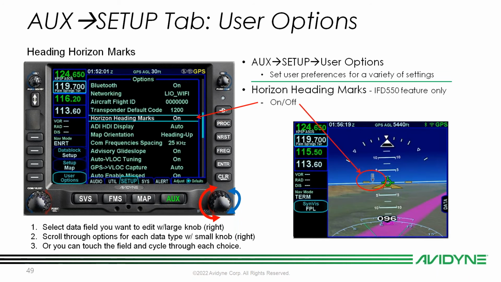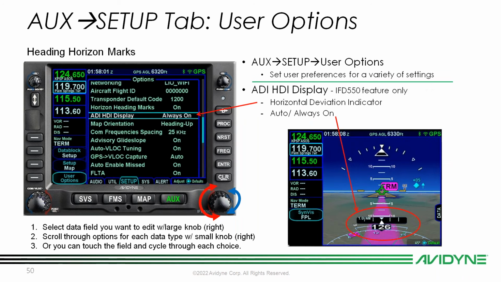Horizon heading marks. This is what the horizon heading mark is. If we turn that on and off on the 5 series IFDs, or the 550, I should say, 545 as well, if we have that set to on, then our horizon heading marks, as you see here, are going to be visible. And obviously, if you turn it off, then you won't see the cardinal directions on the horizon in the SVS page. ADI HDI display, that's going to be your horizontal deviation indicator.